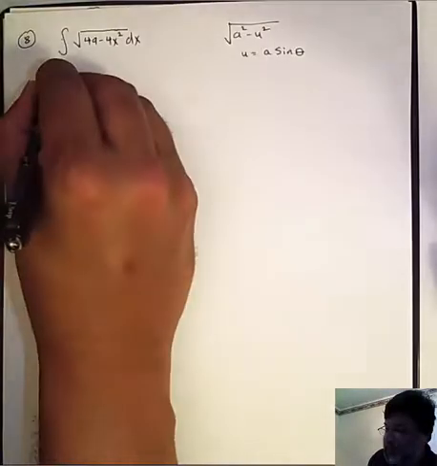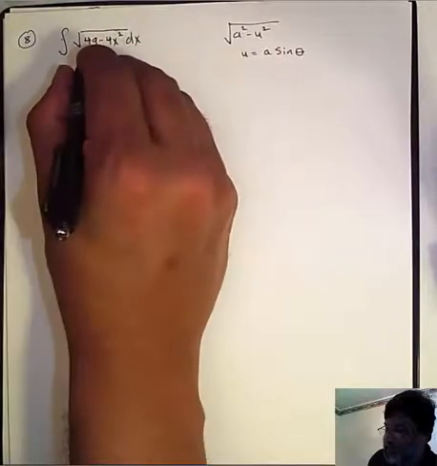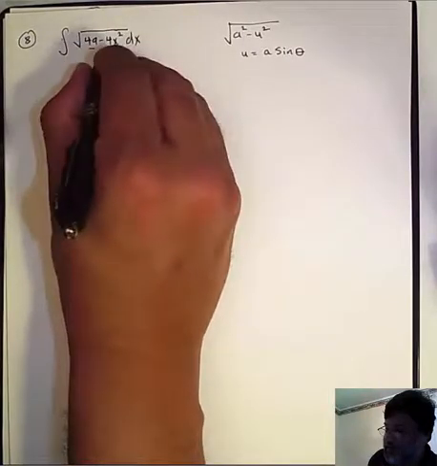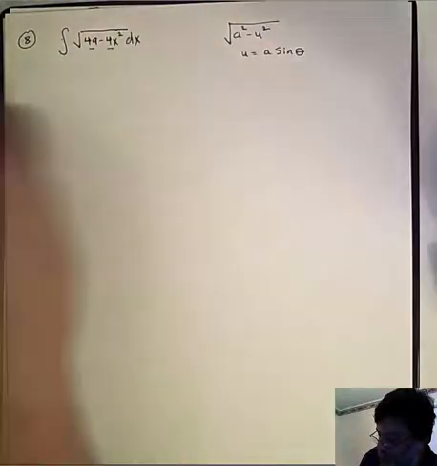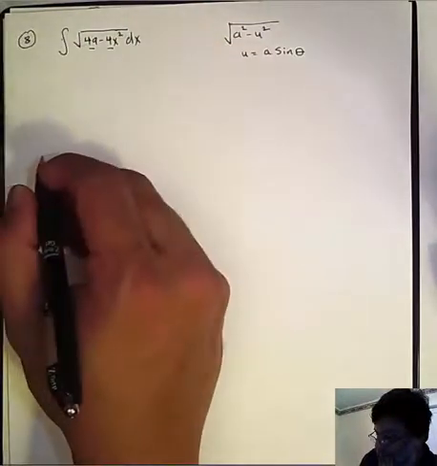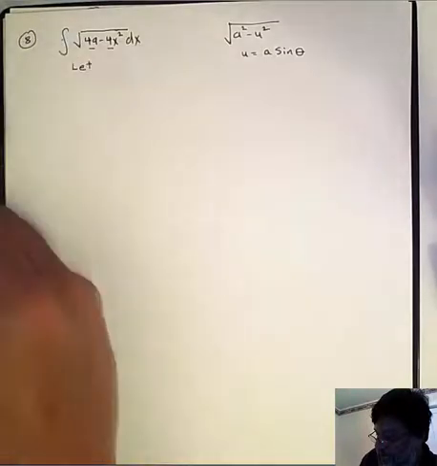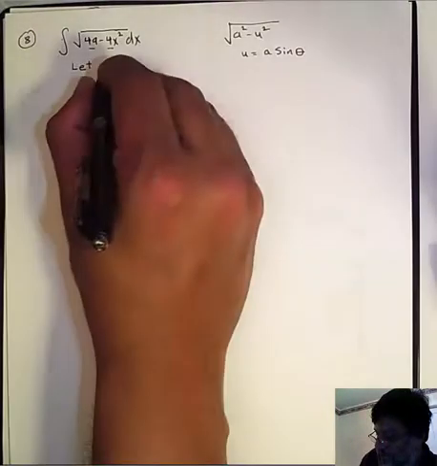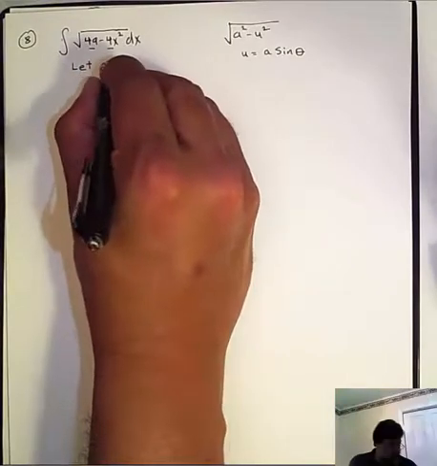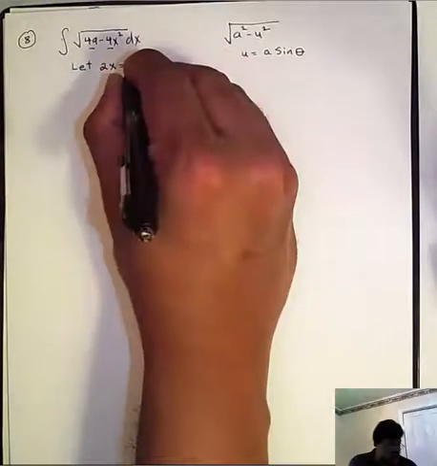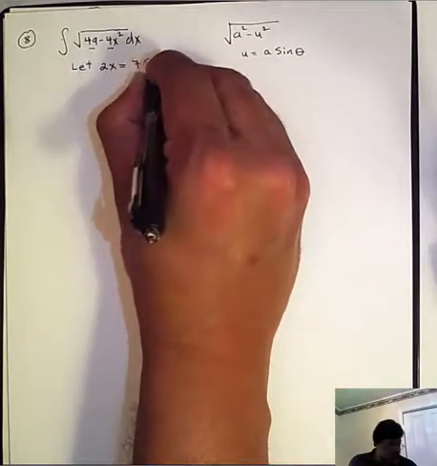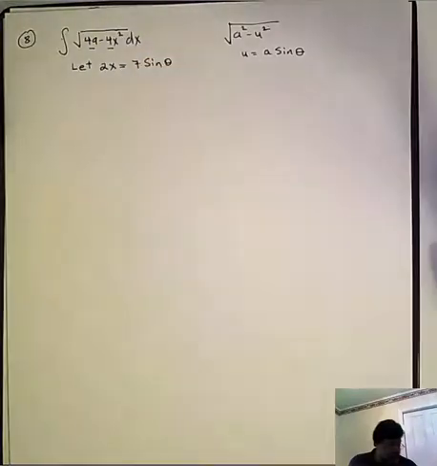Okay, so let's take a look here. What is your u and a over here? Your u is 2x, your a is 7. So we're going to start by letting 2x be 7 sine theta.